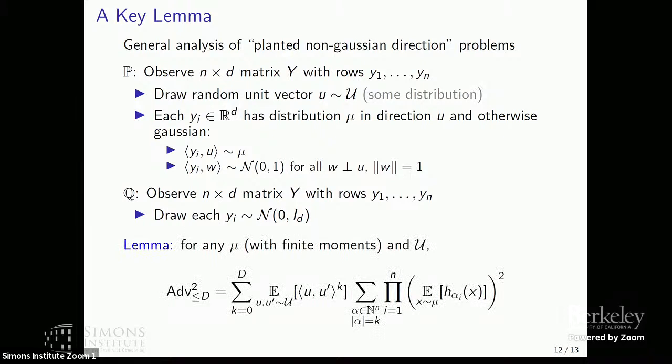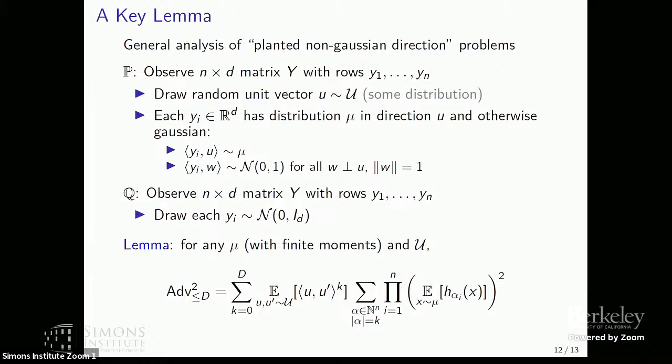Here's the key technical step in the proof: to actually give an equation for this advantage. So this thing I called advantage here is just how well low degree polynomials can distinguish this ratio from before. And it turns out for this general type of problem, there is a nice closed form solution for what it looks like.